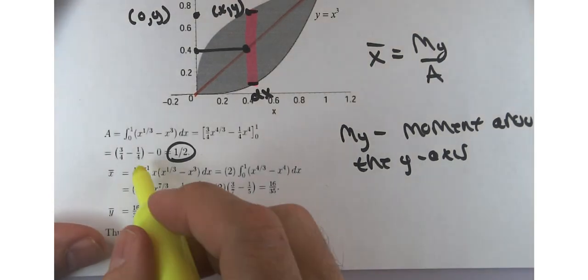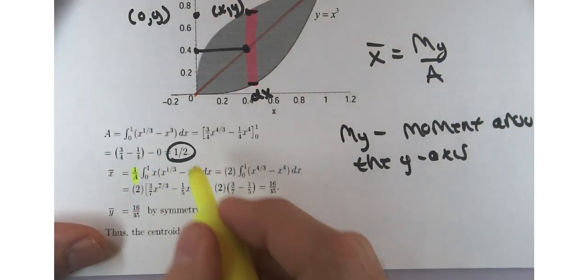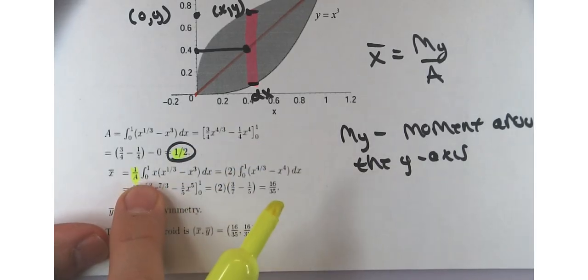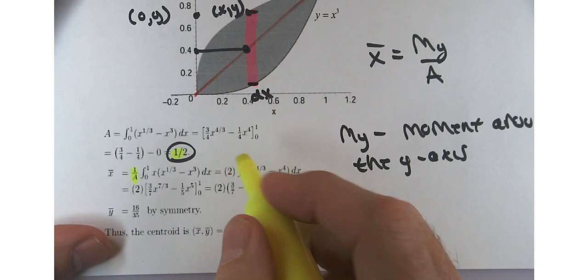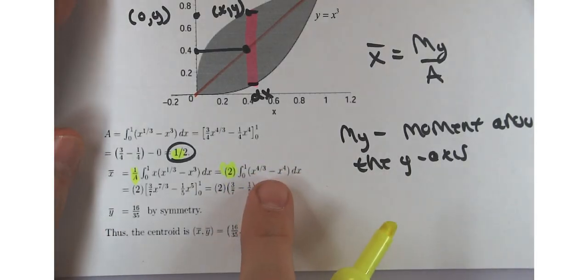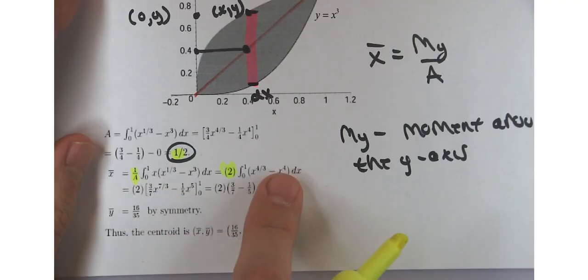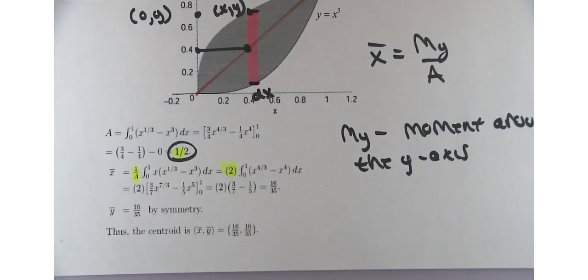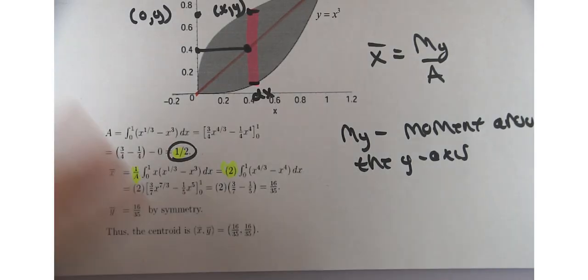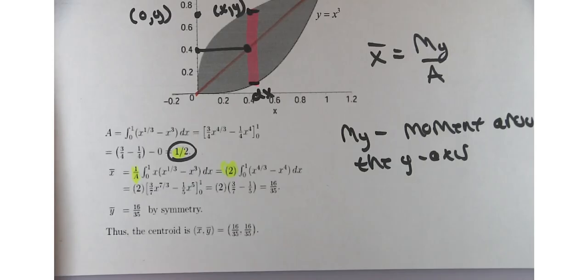A was 1/2. And so if you take 1 divided by 1/2, that's how you get the 2. The rest of it is just integrating. We'll have 2 times the antiderivative of that, evaluated between 0 and 1. That number turns out to be 16 over 35.